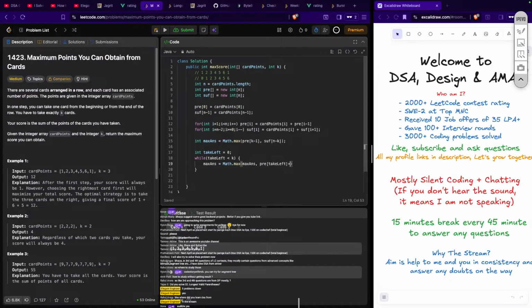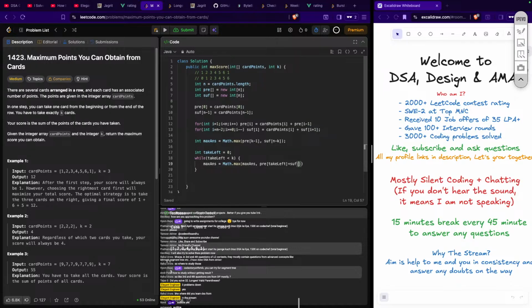plus suf comma n minus take left. So it would be like k minus take left minus 1, right? In the worst case, your take left will be less than k, right?